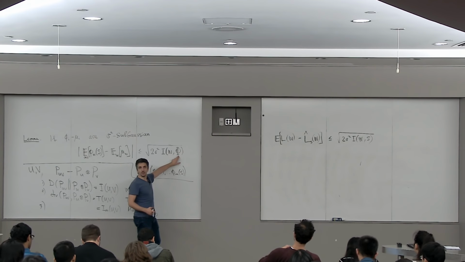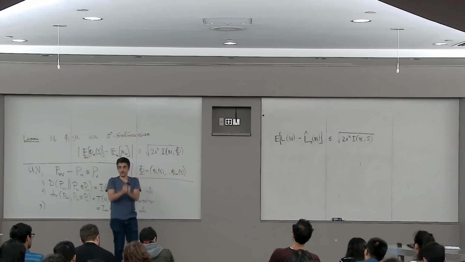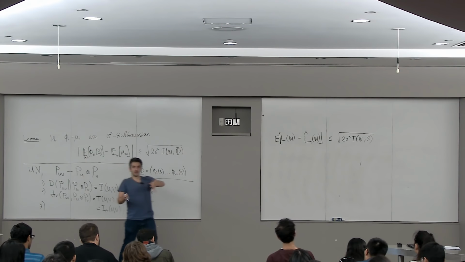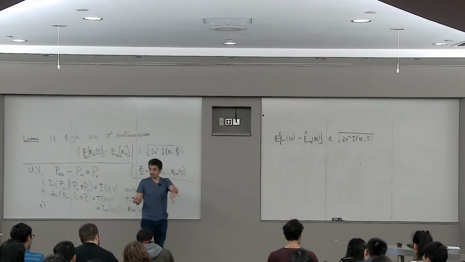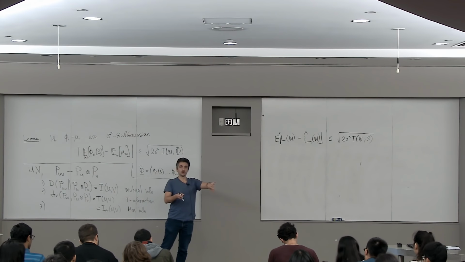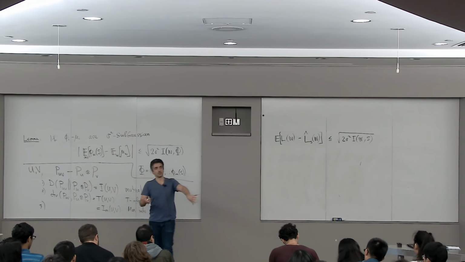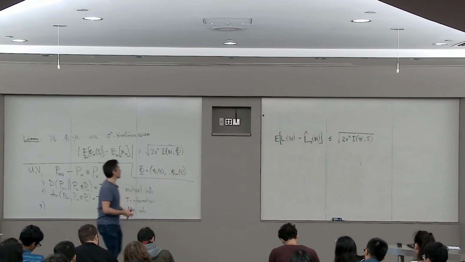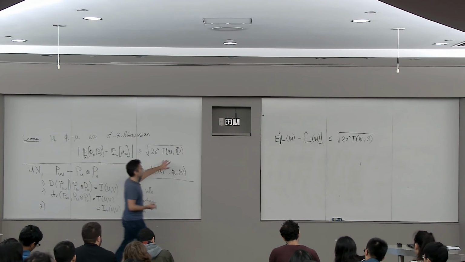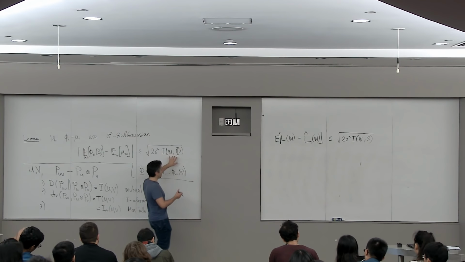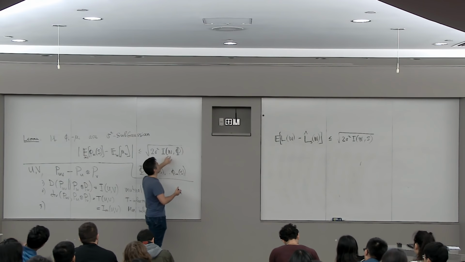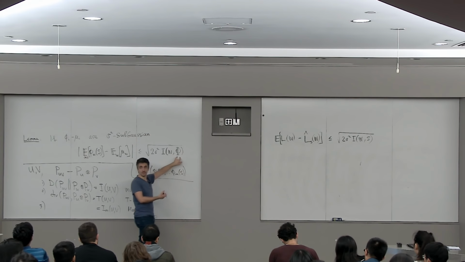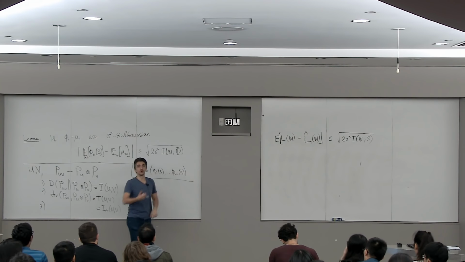Here you have a Markov chain: data set, then from the data set you compute phi of the data set, and from phi you compute W. That's the choice, right? So if you know the data processing inequality, you'll see that this is smaller than the mutual information between W and S, because you've processed the data by computing all these statistics.